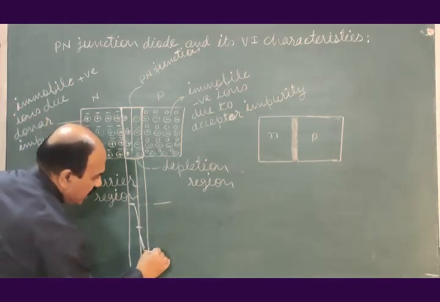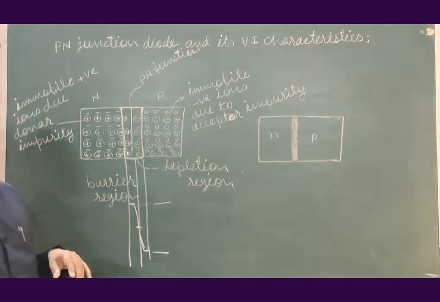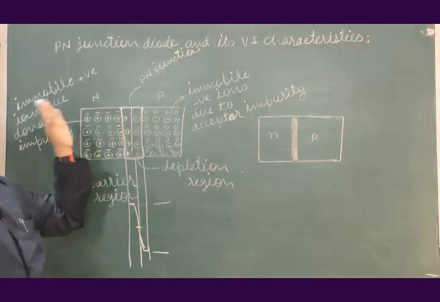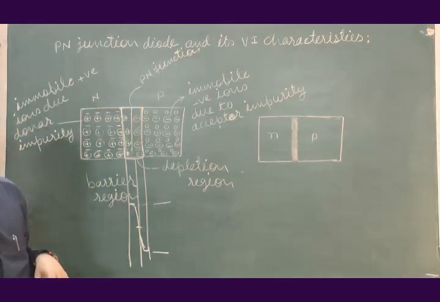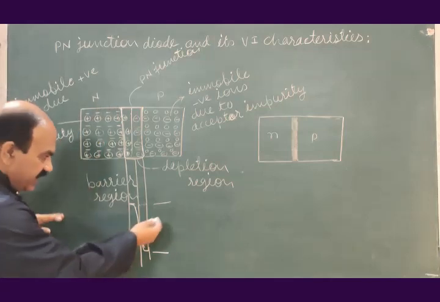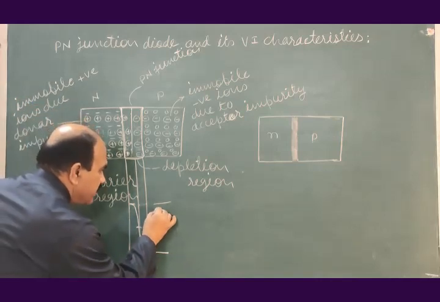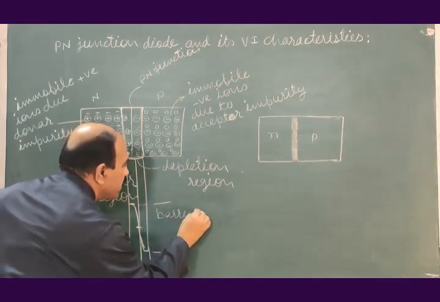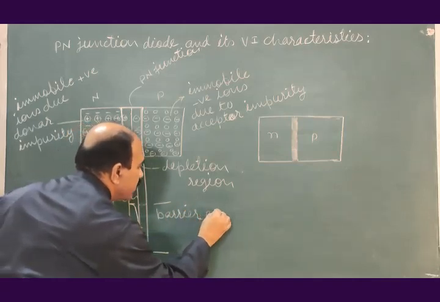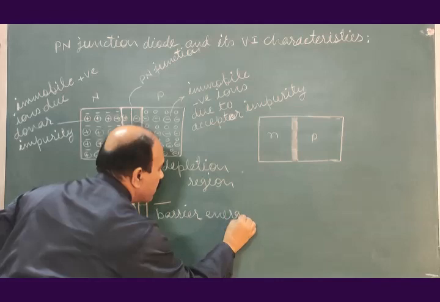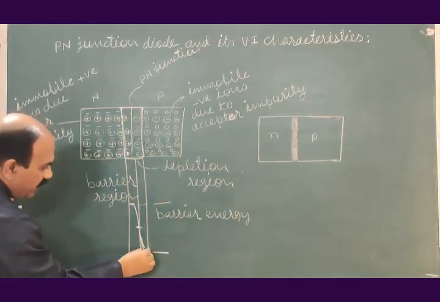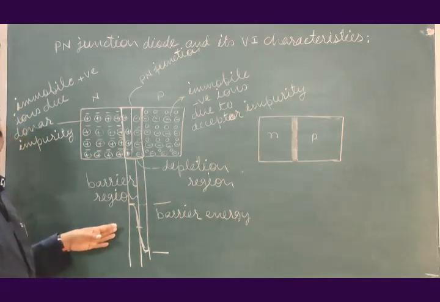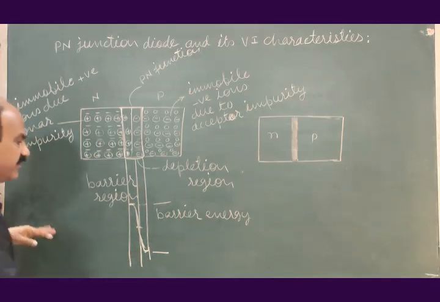This much gap is there in the energy of holes on p side and electrons on n side. This energy is also known as barrier energy, and you may call this the barrier energy hill.